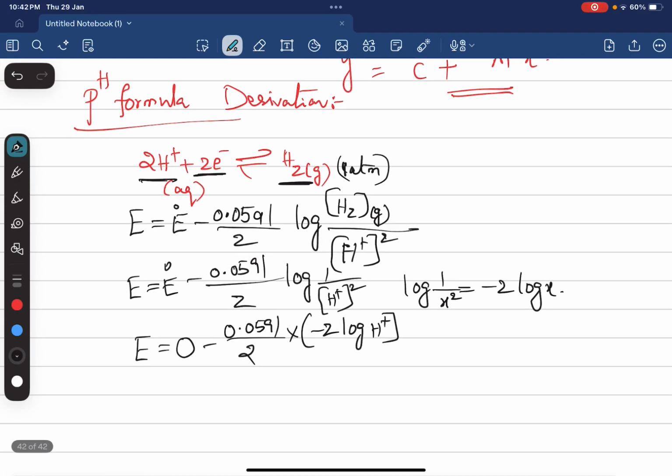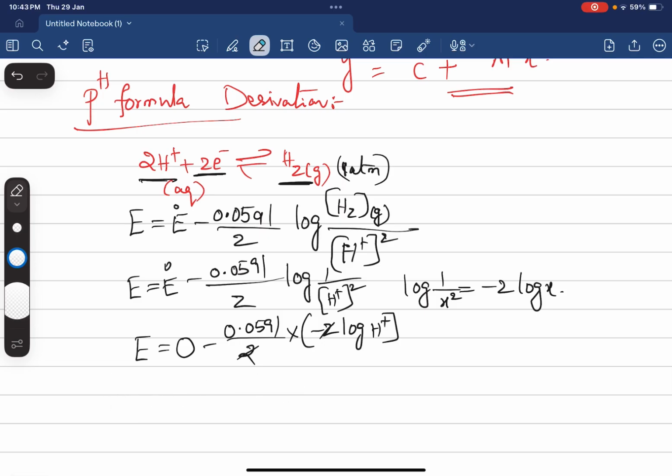So here this 2 gets cancelled, and finally what you will get is E equals 0, or you can directly write minus 0 minus, instead of that, because minus becomes plus, right? So you can conclude this equation like this.